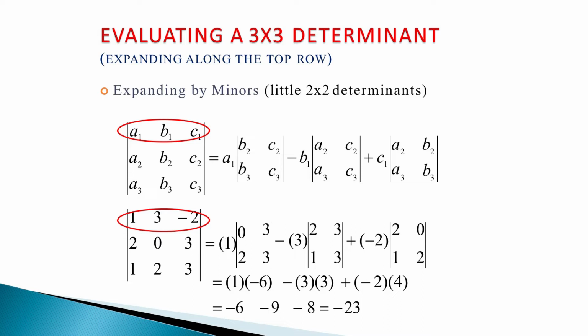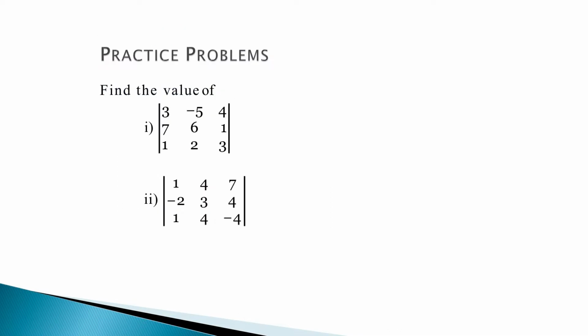That is equal to 1 into minus 6, minus 3 into 3, plus minus 2 into 4, and that value becomes minus 23. These are problems to practice finding the value of third order determinants.